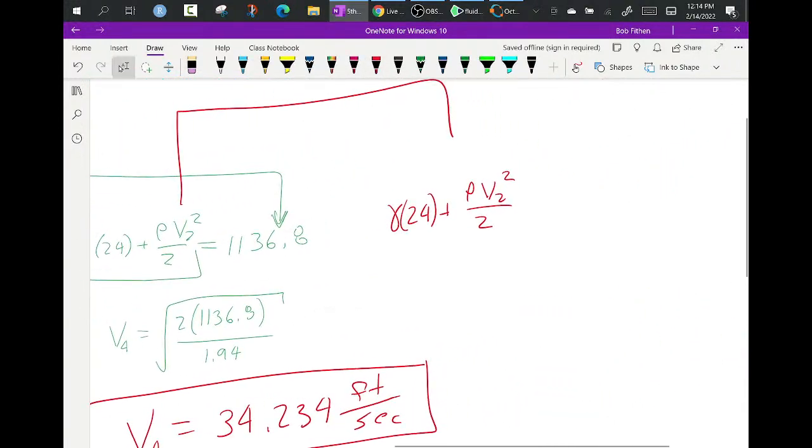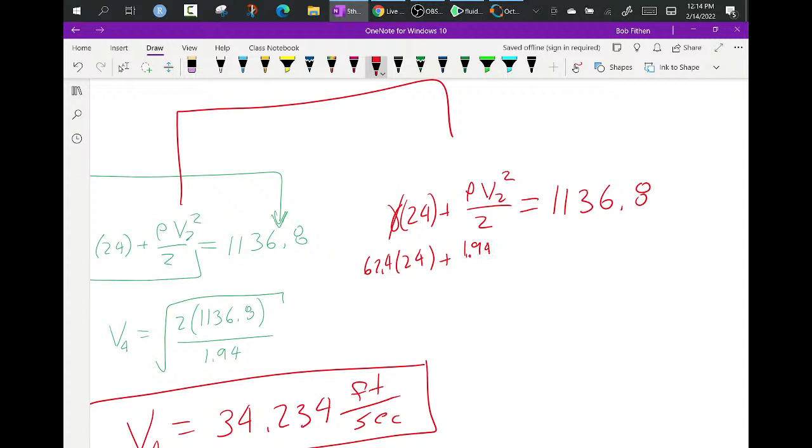Okay, and your Bernoulli's constant, or the energy state, is this. Now, this is 62.4 times 24, plus 1.94, density, slugs per cubic foot, V2 squared over 2.